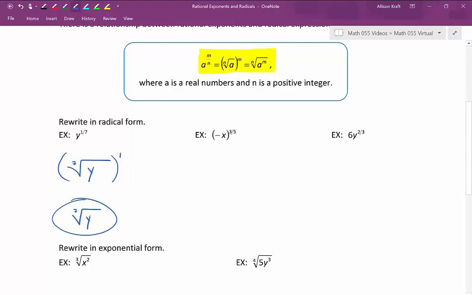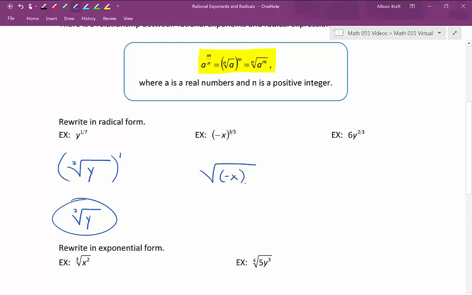Next up, we have negative x raised to the 3/5 power. Notice how that negative x is in parentheses. Those parentheses tell us that that whole thing, negative x, is being raised to the 3/5 power. Therefore, that whole thing, negative x, is going to be our radicand. And you could put it in parentheses or not, up to you.